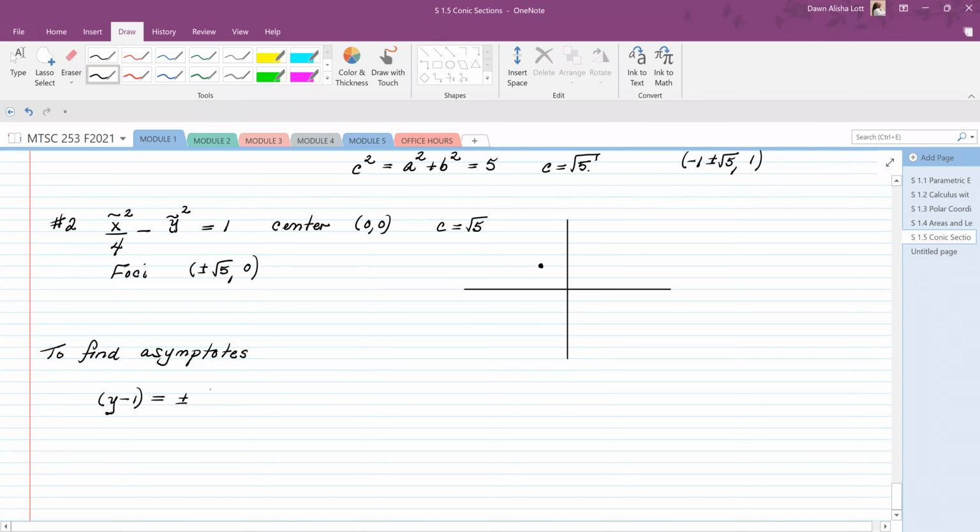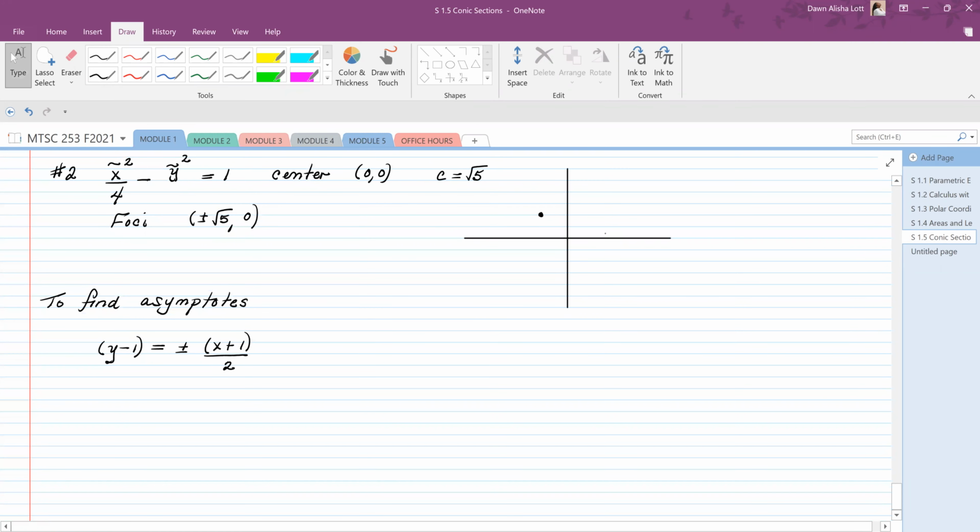Plus or minus x minus 1, x plus 1 over 2. So therefore, that's what our asymptotes are. So y is equal to plus or minus (x plus 1) over 2 plus 1, and these are the asymptotes.